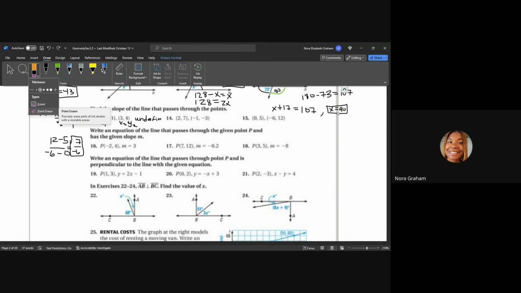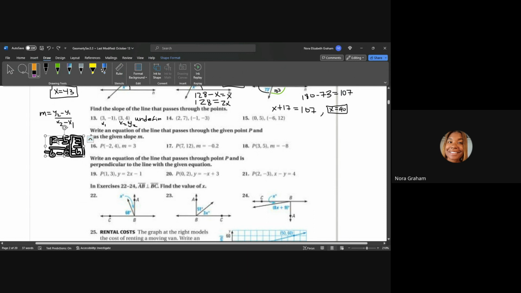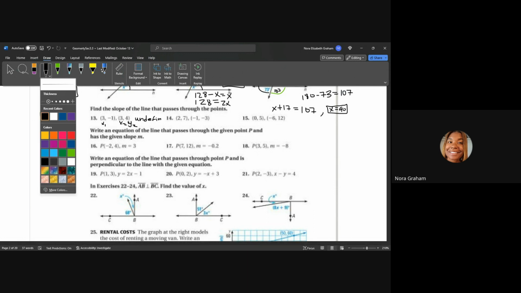Okay. So now let's go ahead. Oh, is it going to let me erase? There you go. I can just cut it. All right. Let me start writing again.